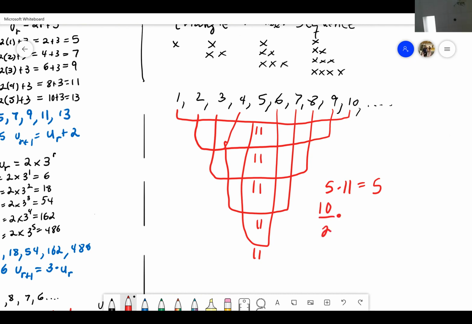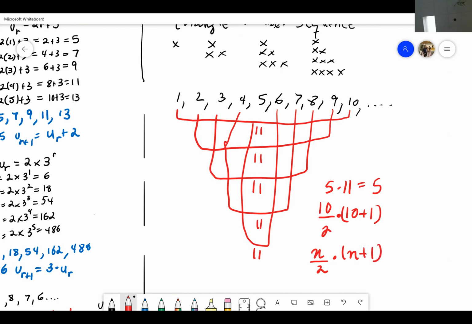And how can I get an 11? I can take 10 plus 1, sorry. So I could say maybe my formula for adding these numbers together would be you take the amount of numbers you have, you divide by 2, all right? And then you take those numbers and add 1 to it.